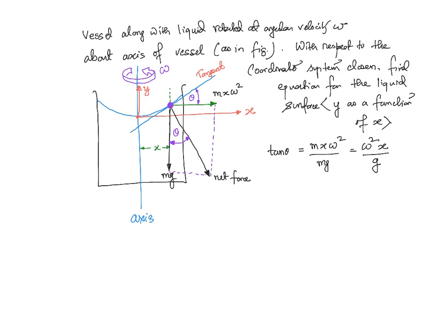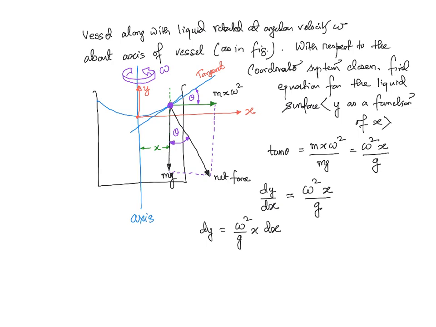Now tan theta is also the slope of the tangent to the curve, so dy by dx is equal to tan theta, omega square x by g. So dy is equal to omega square by g times x dx.